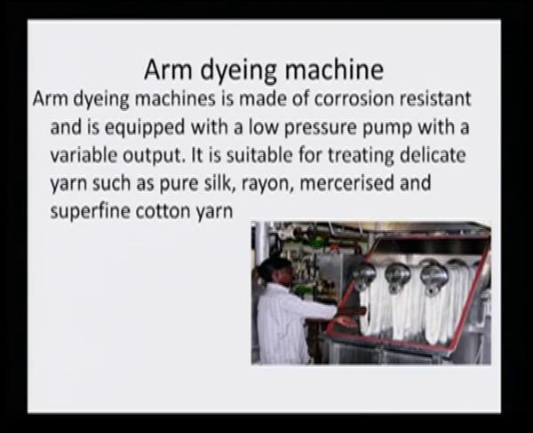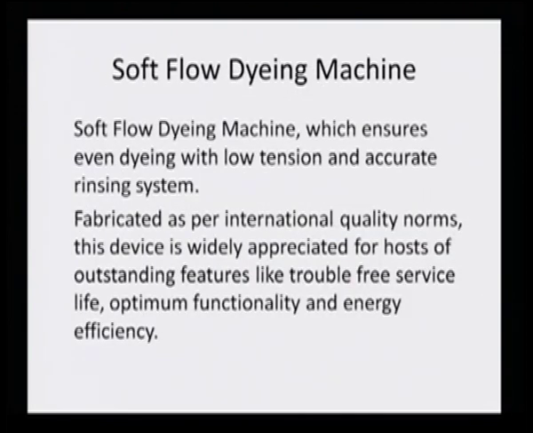Looking at these various machines, we also have some machines which are of other specification, like soft flow dyeing machine, which ensures even dyeing with low tension and accurate rinsing system. Fabricated as per international quality norms, this device is widely appreciated for a host of outstanding features like trouble-free service life, optimum functionality and energy efficiency.